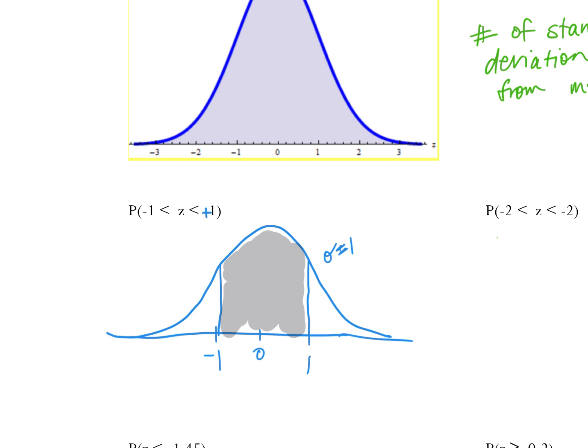Now, for normal distributions, we talked about that empirical rule. Do you remember the empirical rule? How many was within one standard deviation of the mean? 68%. We expect this to be about 68%.